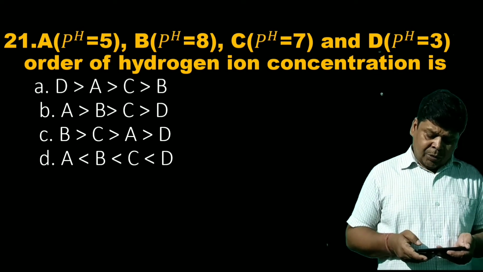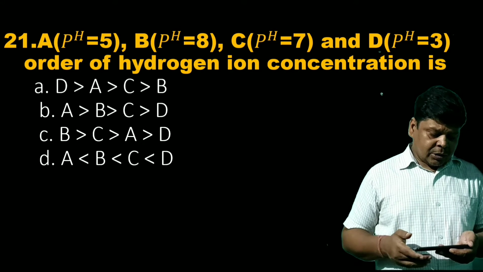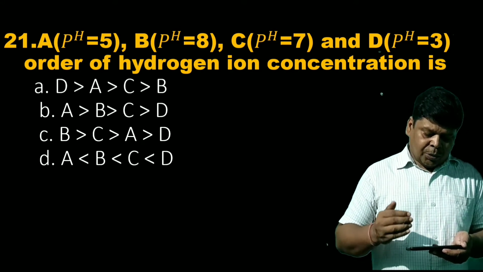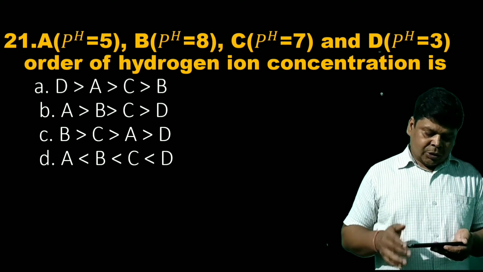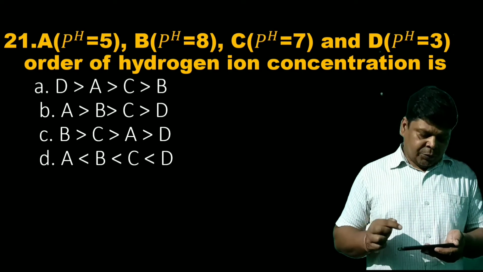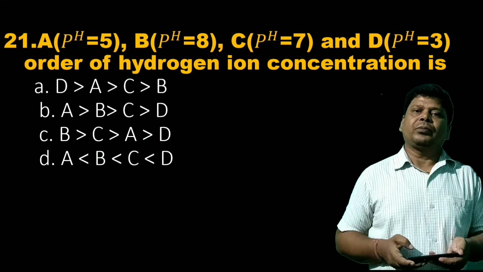So here minimum value of pH is for D. Next A. So order of pH will be D, A, C, B. So option will be A. A is the correct option for this question.